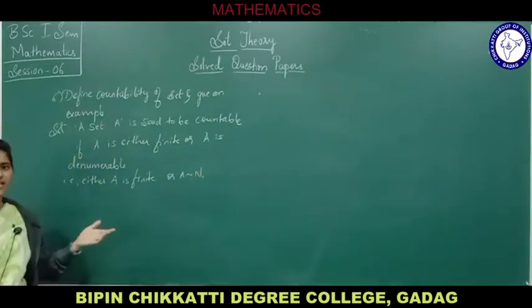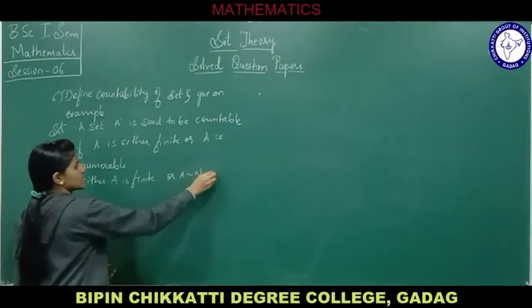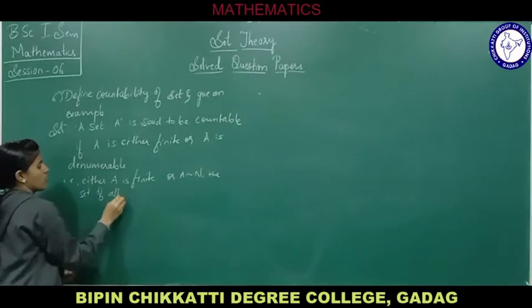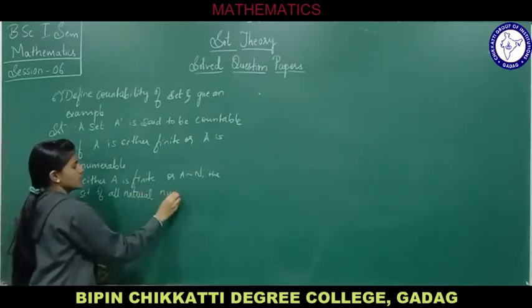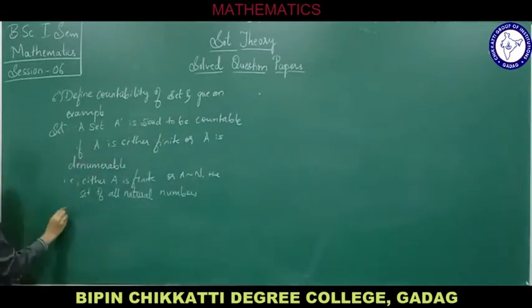Then we say that A is countable. What is N here? The set of all natural numbers. They have asked us to give an example, right?